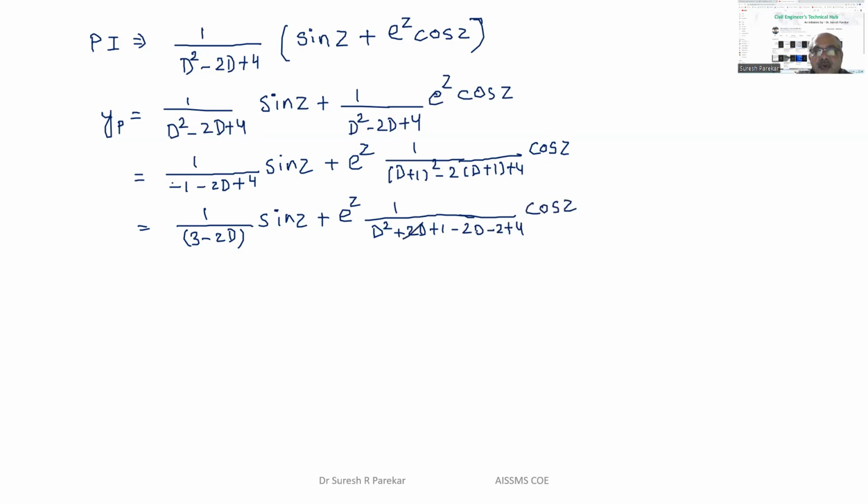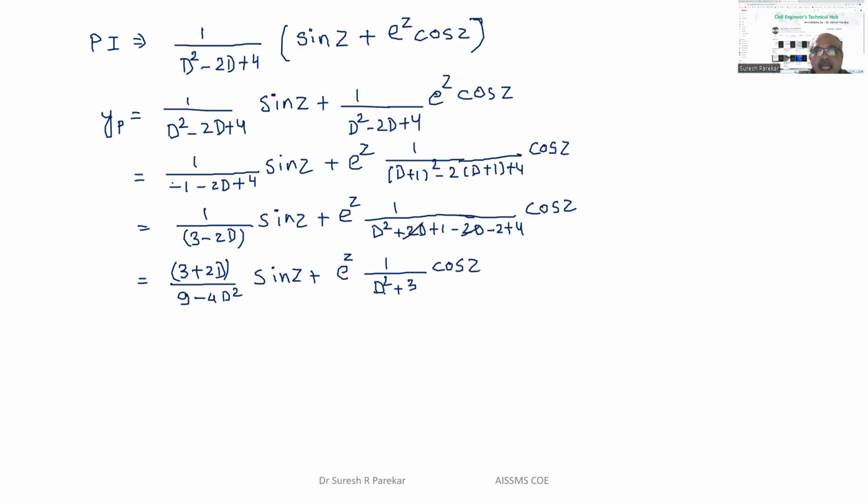The plus 2D and minus 2D get cancelled. Here we rationalize: 3 plus 2D divided by 9 minus 4D squared, into sin z, plus e to the power z, 1 upon D squared plus 5, plus 3 into cos z.